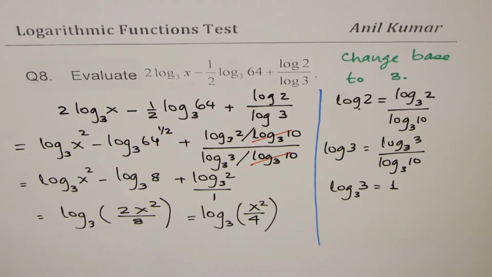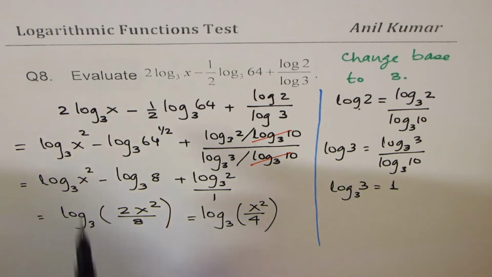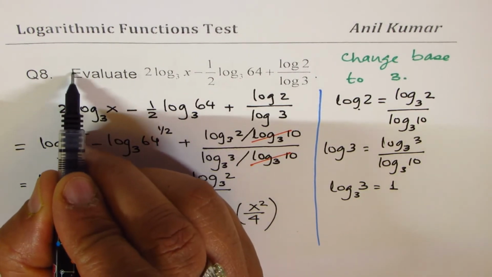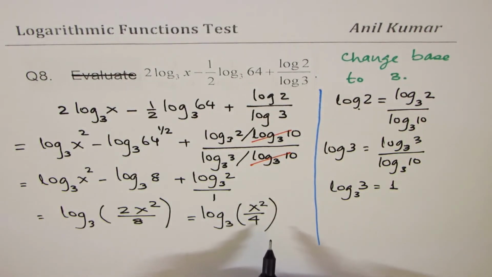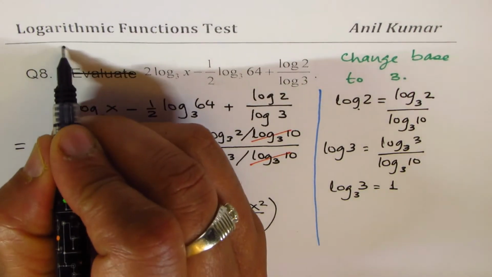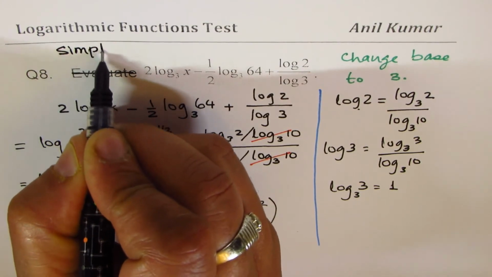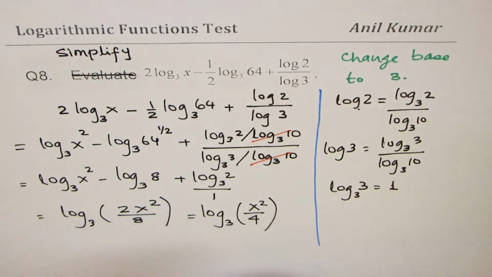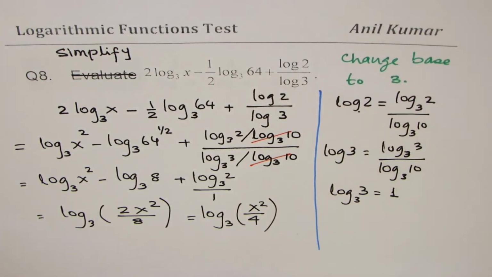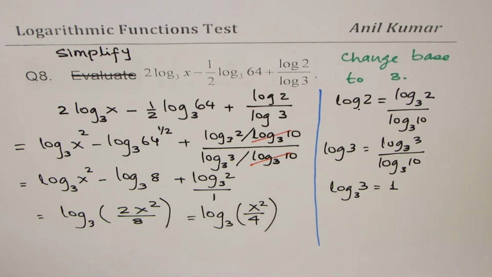So that is how you would evaluate this particular sum. I think the question should have been not to evaluate but to write as a single log, right? So simplify. Okay. So let's move on and do the next question.